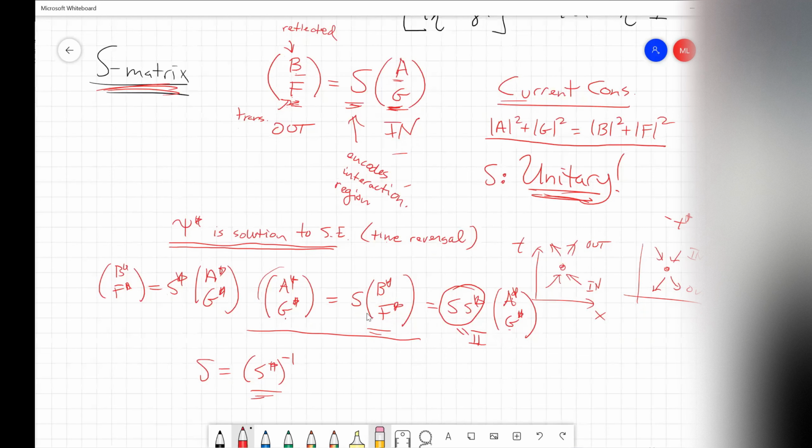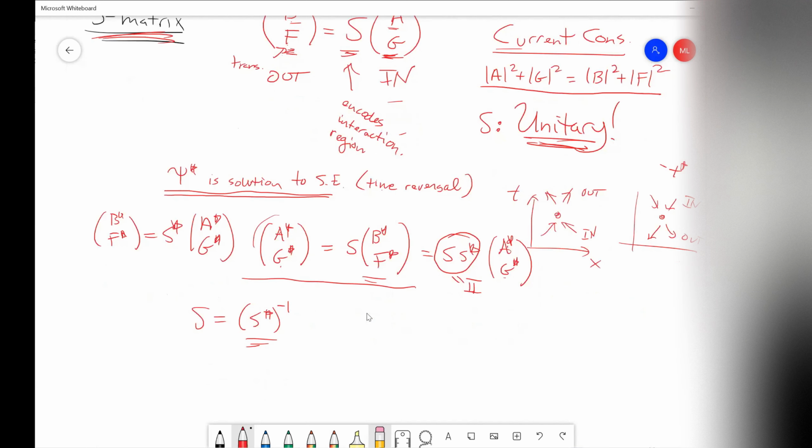Okay, and so that puts some pretty strong constraints. It means that we can, of course, exchange the inverse and the complex conjugate, and we know that S is unitary, so the inverse of S is S dagger. This is unitary.